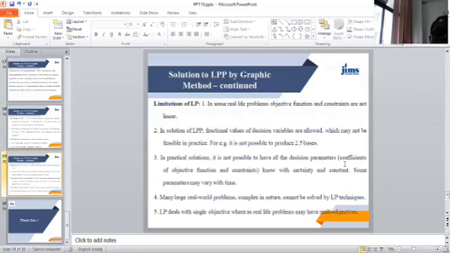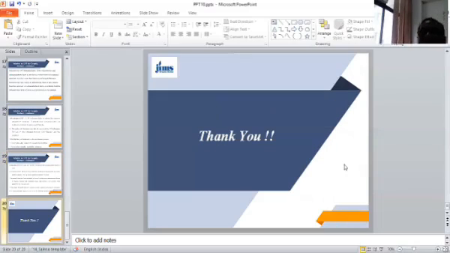Really speaking, many real world problems are complex in nature and they cannot be solved by linear programming technique. Linear programming deals generally with single objective, whereas real life problems may have multiple objectives. So these are certain limitations of linear programming problem.